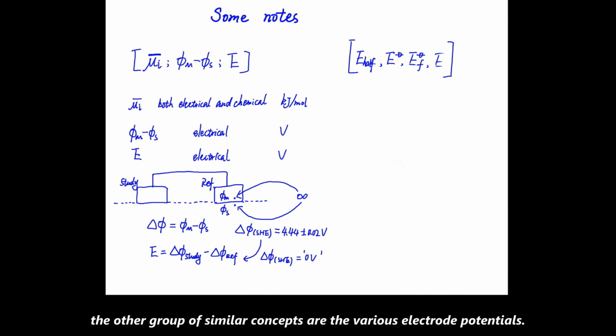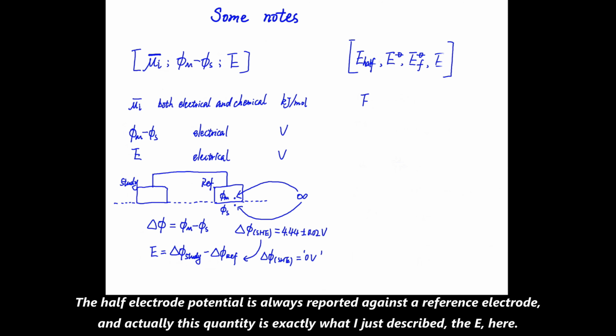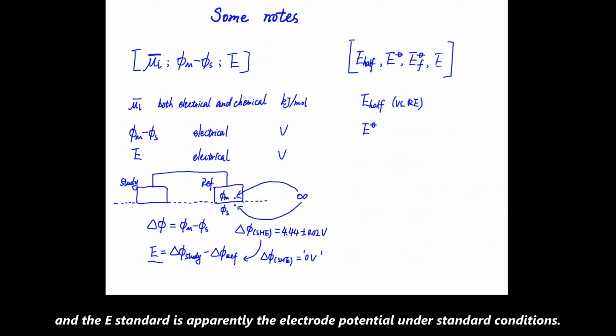The other group of similar concepts is the various electrode potentials. The half electrode potential is always reported against the reference electrode, and actually this quantity is exactly what I just described, the E here. And E standard is apparently the electrode potential under standard conditions.